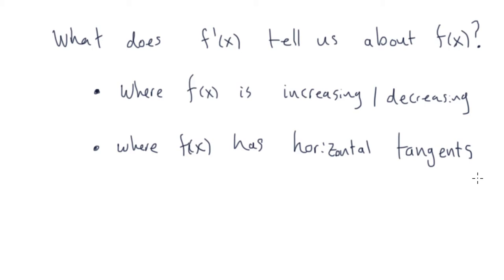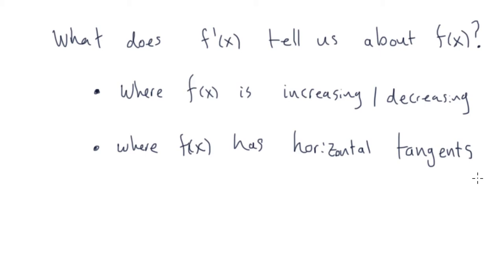Well, we'll see later that horizontal tangents, and what I mean by that are points on the graph of f of x for which the tangent line is horizontal, are actually points where the function is potentially changing from being increasing to decreasing. And this has a lot of physical significance.